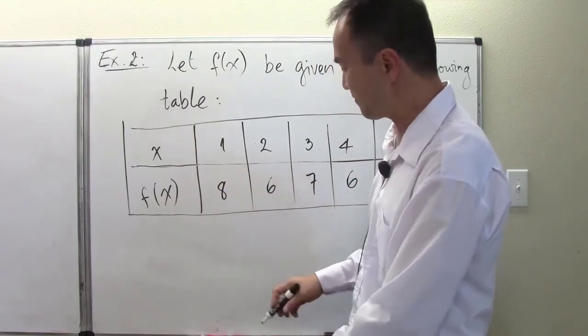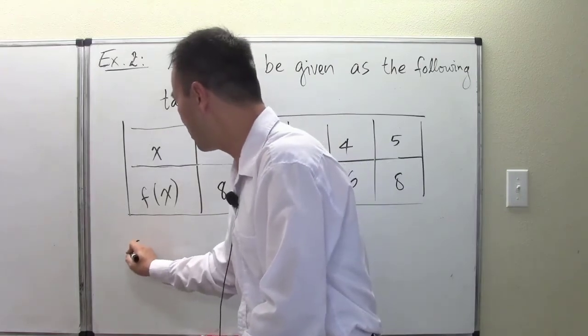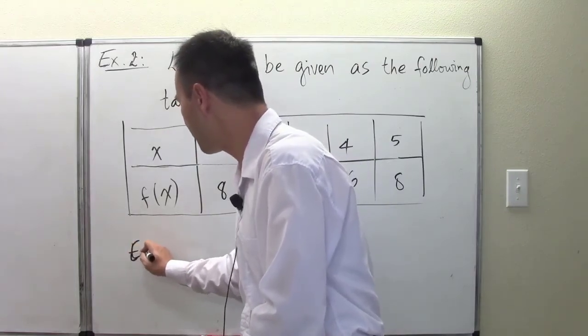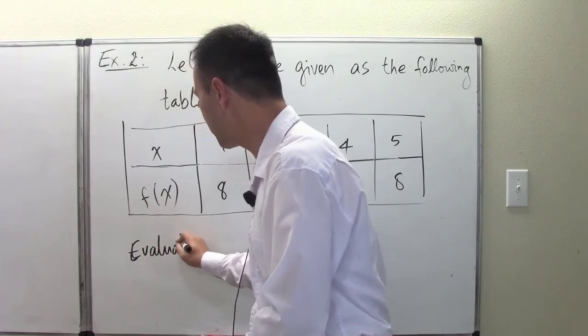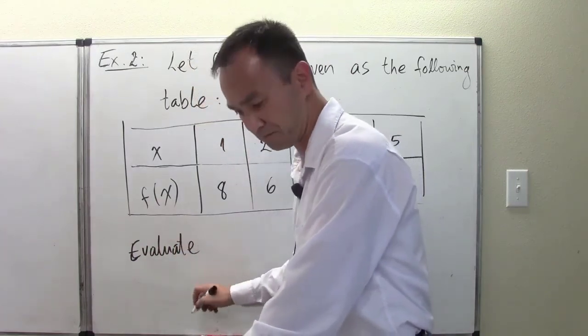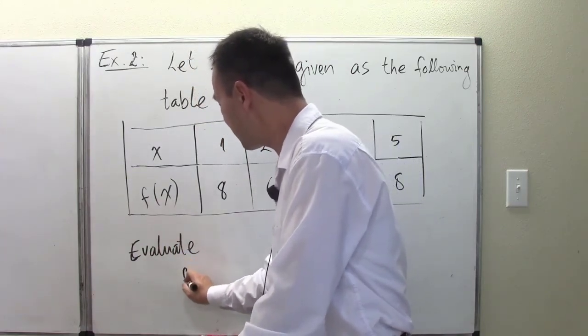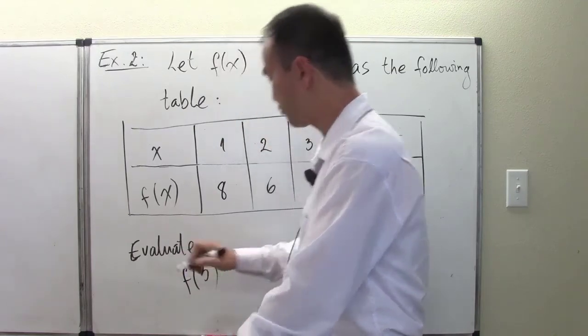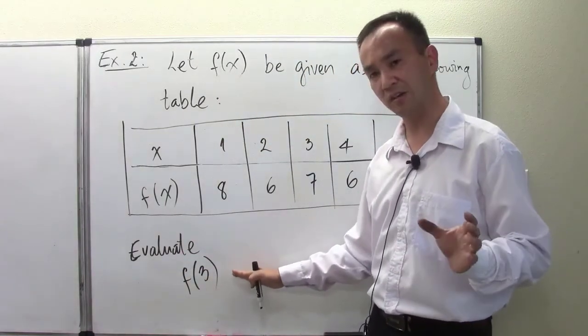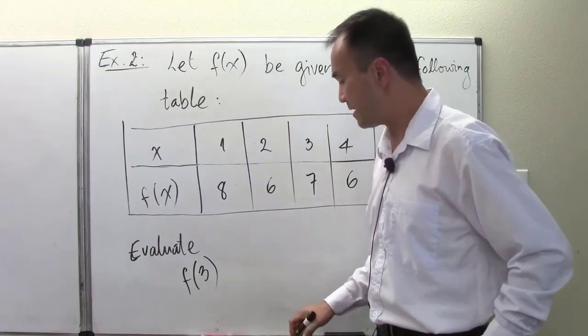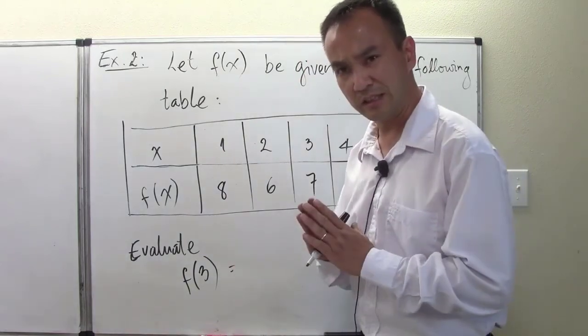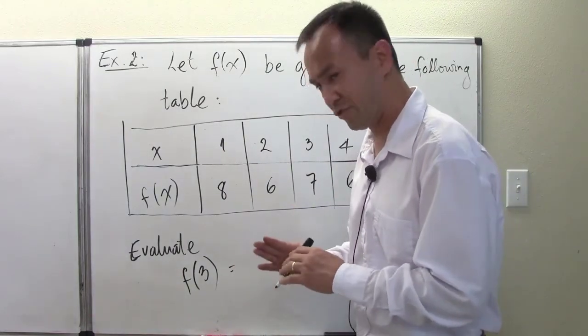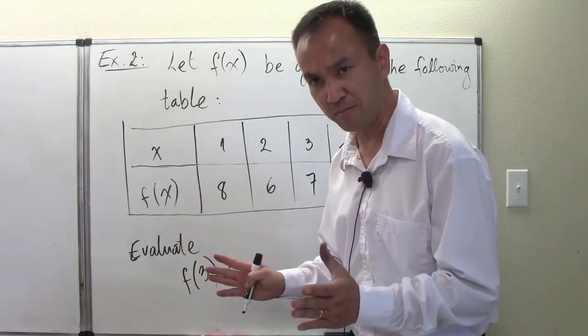Okay, and so now we are about to understand what these corresponding values in the f of x row are. So now we want to evaluate f of 3. This reads out loud as f of 3. But I want you to be in a completely different situation compared to the earlier example.